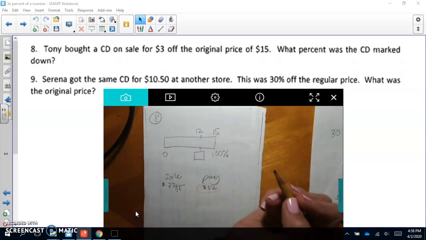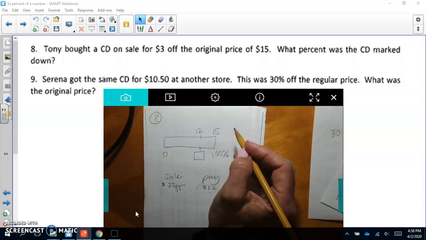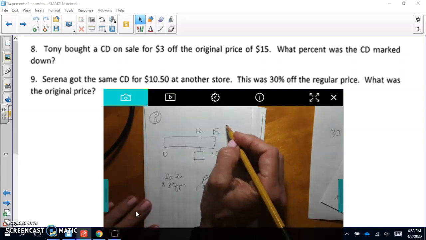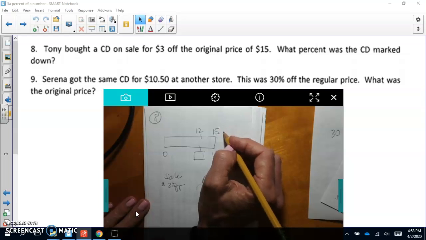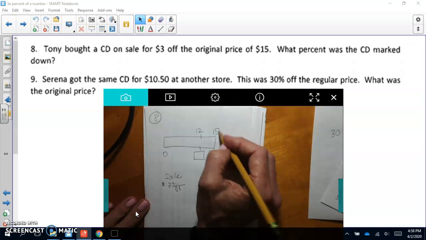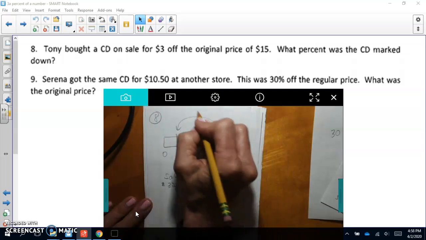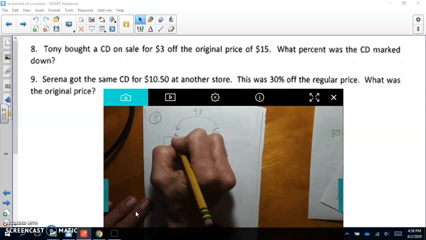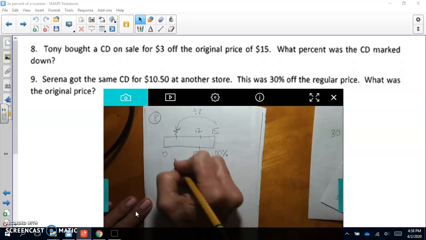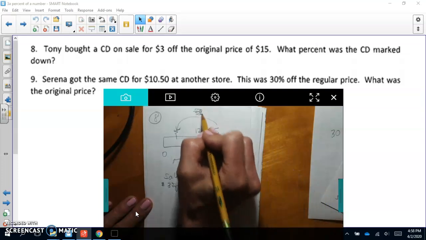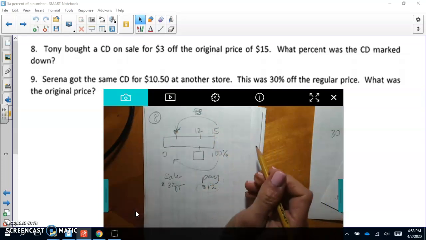So we want to divide by 3 to get to, let's see, we want to go from what we know. So if I divide by 3, I'll get 5, and divide by 3 here. That's not very easy to do. How about we divide by, let's see what else we could divide by.